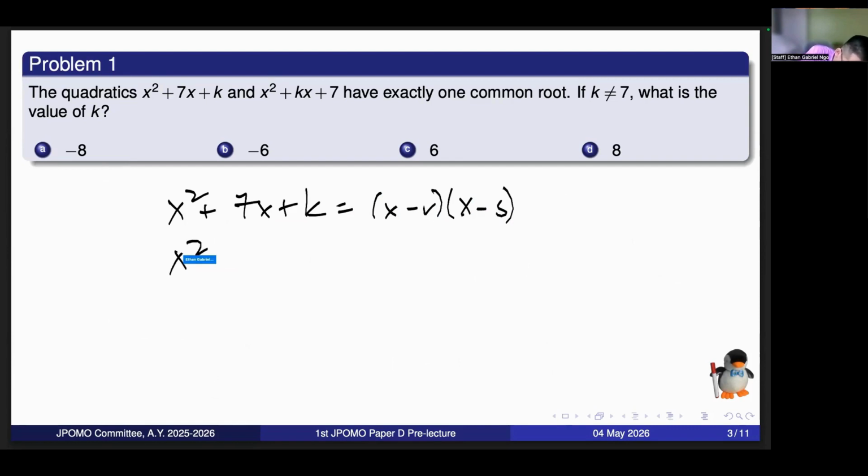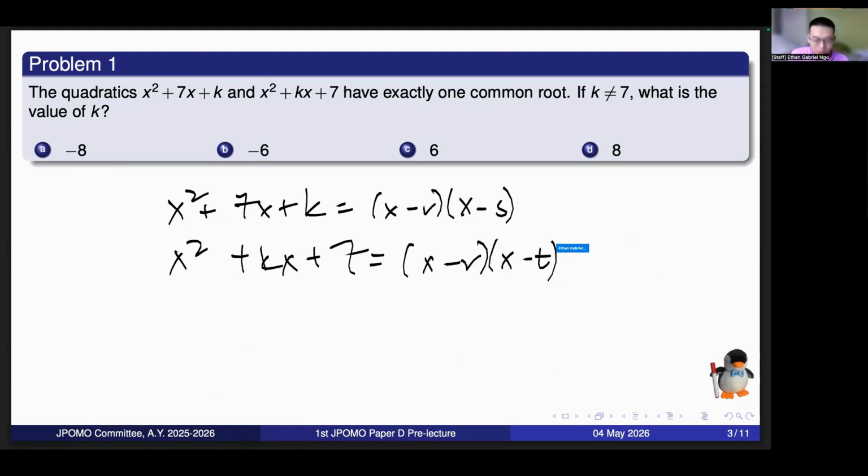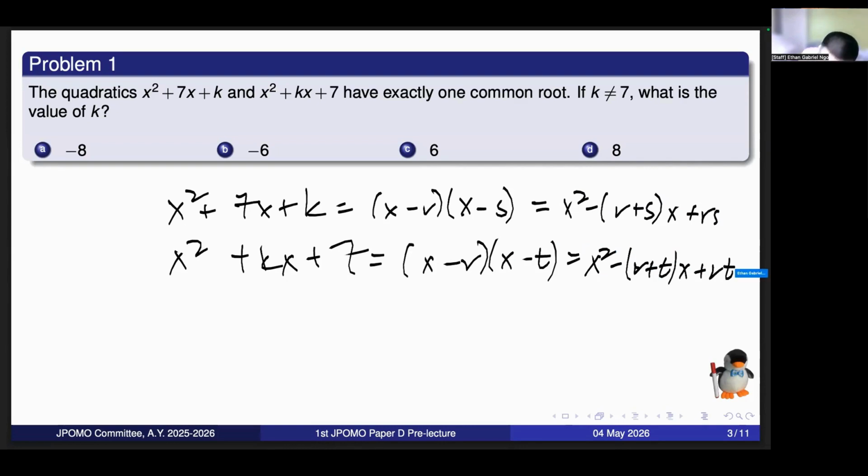So the first quadratic is x minus r times x minus s, and for the second equation, x squared plus kx plus 7 equals x minus r times x minus t. If we expand both of these equations, we get x squared minus r plus s times x plus rs. For the second equation, we will have x squared minus r plus t times x plus rt.